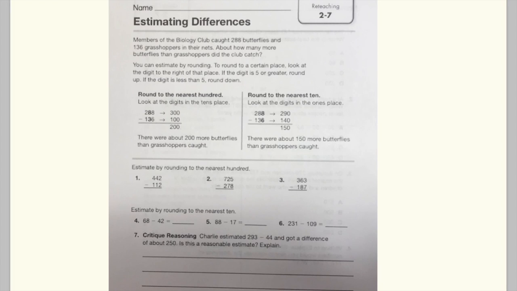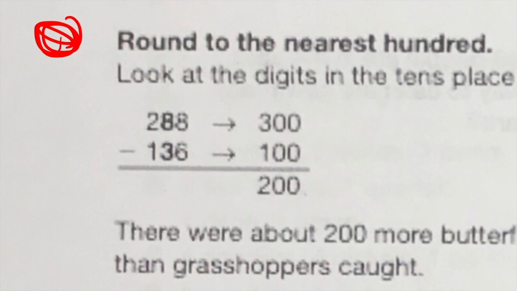In the first example, right here, it asks you to round to the nearest hundred. Look at the digits in the tens place. So you underline the hundreds place and look at the digit in the tens place.